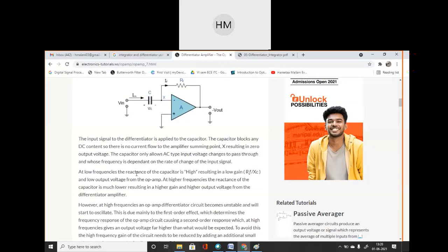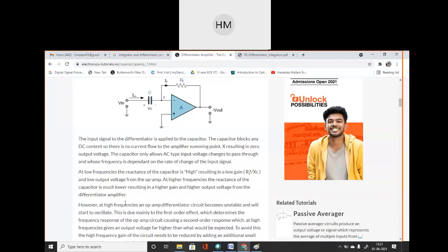So at lower frequencies, the reactance of the capacitor is high, resulting in a low gain RF upon XC and low output voltage from the op-amp. Is it clear? At higher frequencies, the reactance of the capacitor is much lower, resulting in a higher gain and higher output voltage from the differentiator amplifier.